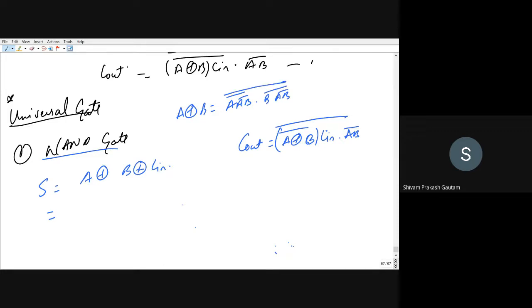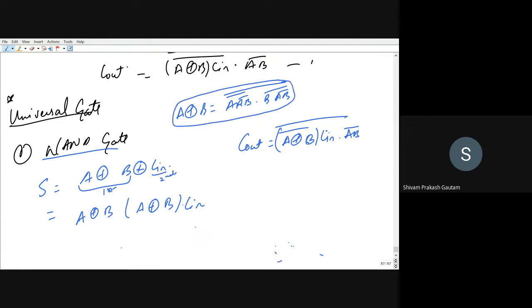So similarly, we can go for these three variables. We can rewrite it as A XOR B, C in. We are treating this as our first term and this as our second term, right? A XOR B we have already seen in the half adder. Just pay attention.